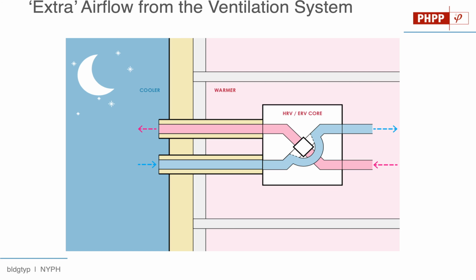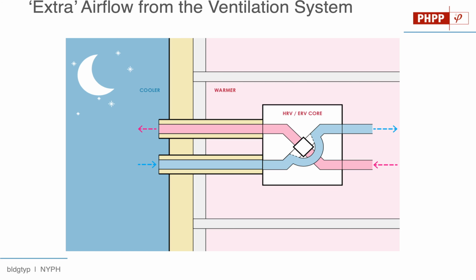Now, one thing to note about the HRV or ERV systems is that in certain configurations, it may be true that the heat recovery of those types of ventilation systems might actually be working against us in certain circumstances. Those circumstances are not super common, but they might be.